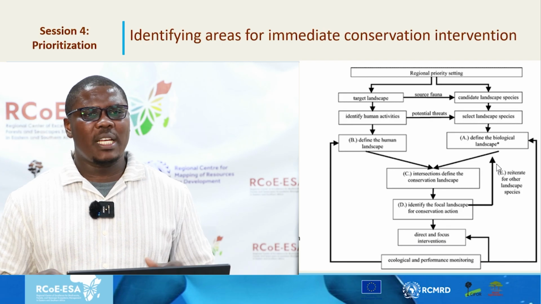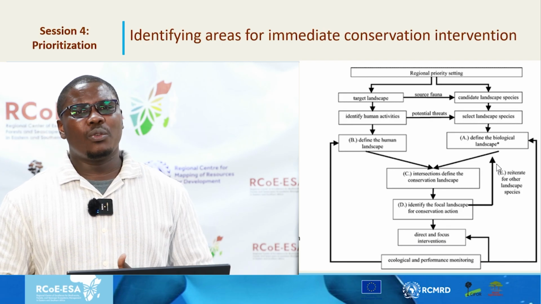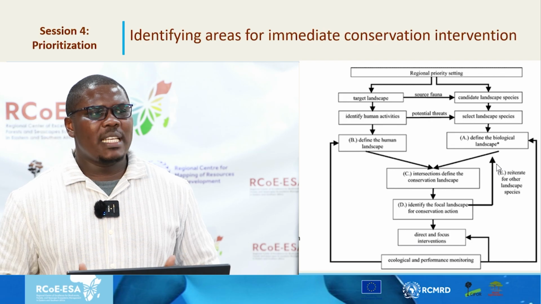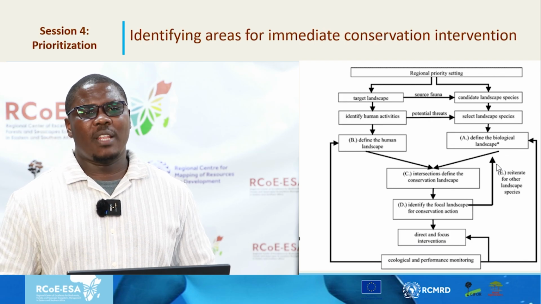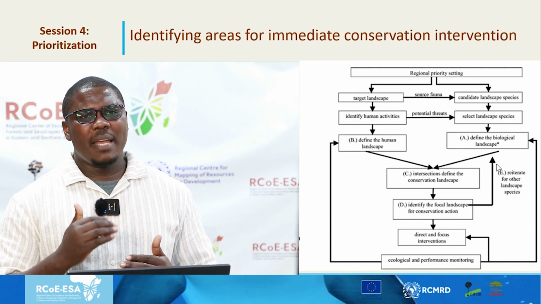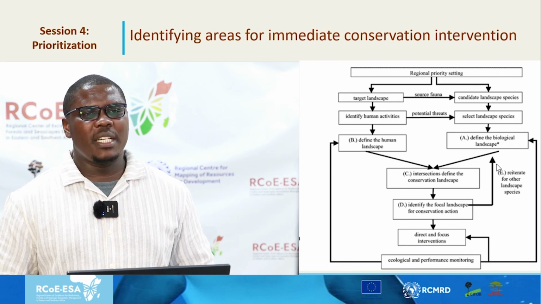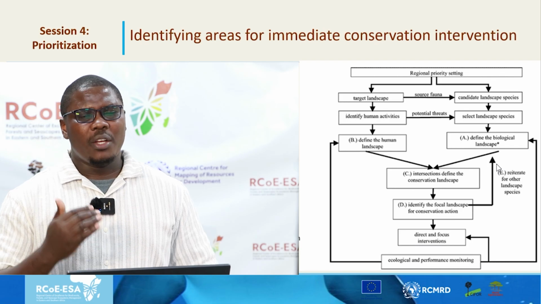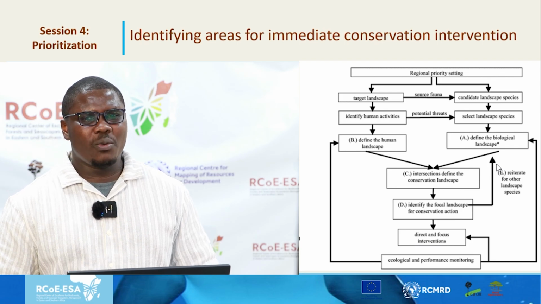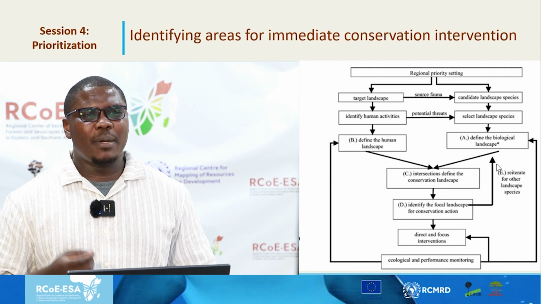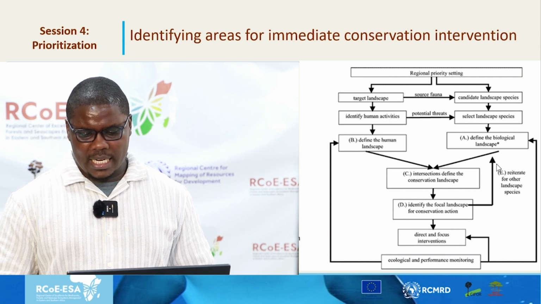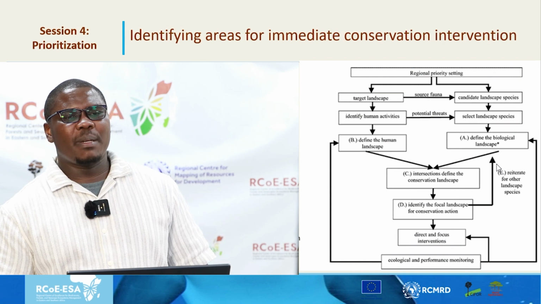If you choose an area and say this is where you want to put a conservation, what's the implication of the human use of that area? Once we follow these different steps, which can be customized depending on the area of application, you are able to achieve a priority area where you want to undertake an aspect of conservation.